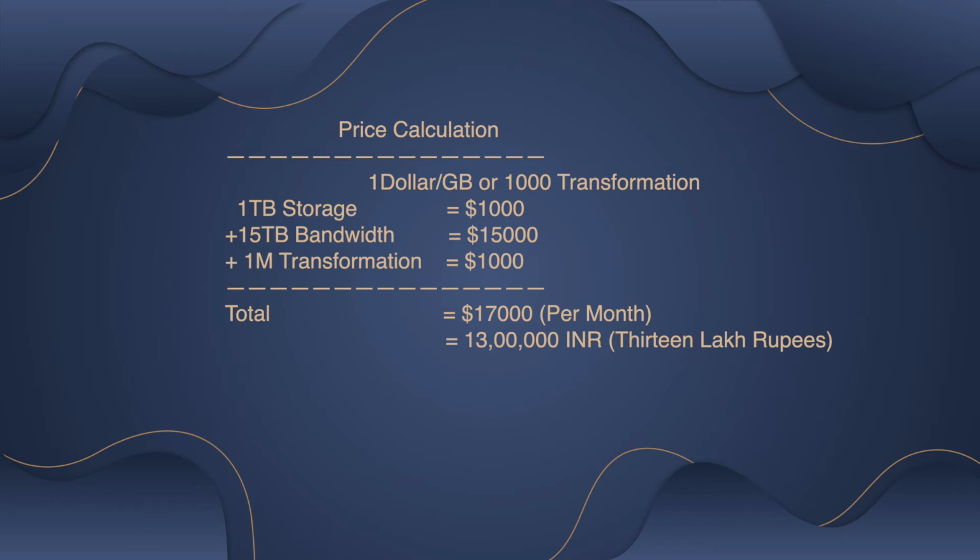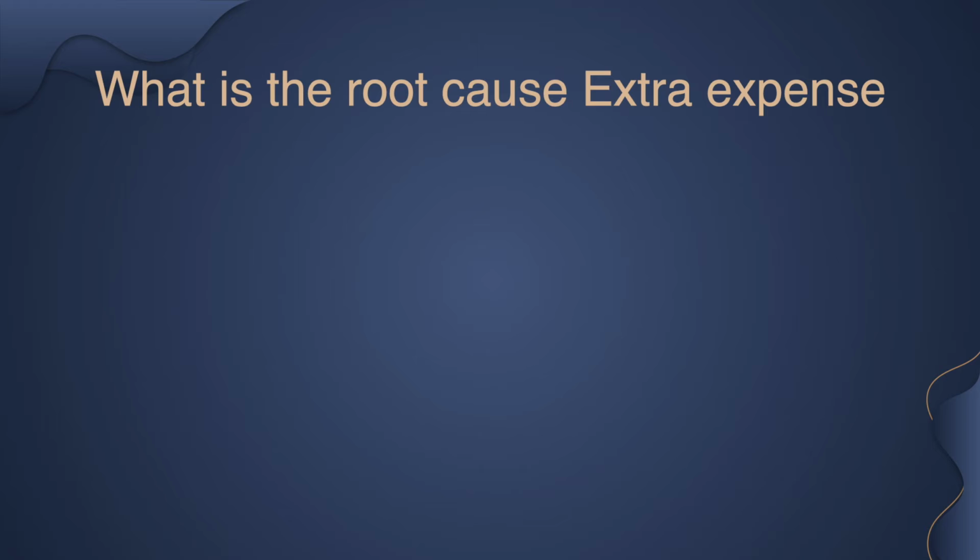So overall we need to pay $17,000 per month, which is closely 13 lakh rupees per month. And just think how much it will be in a year. It will be crores of rupees. Right?